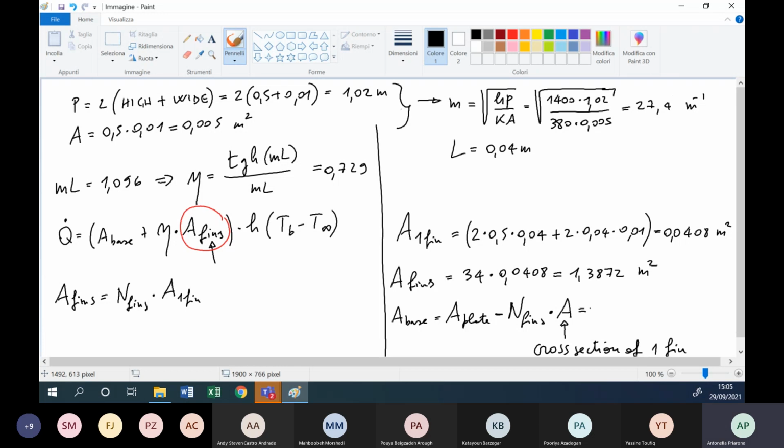And so we have 1.1 that multiplies 0.5 minus 34 that multiplies 0.01 by 0.5. This one is the area of the base, that is equal to 0.33 square meters. Okay?